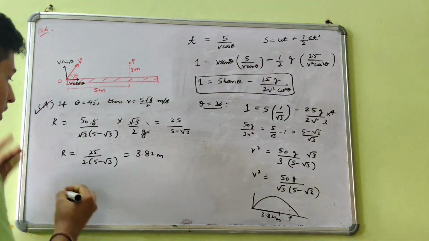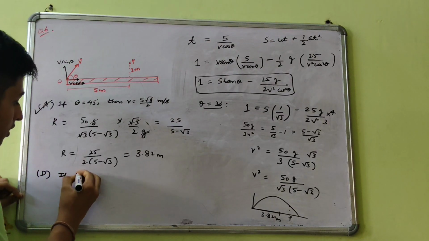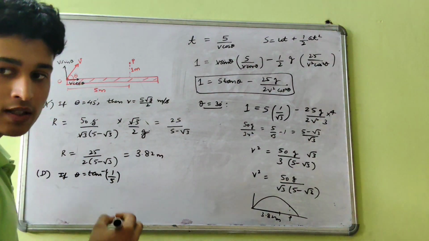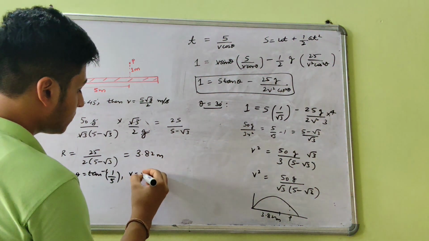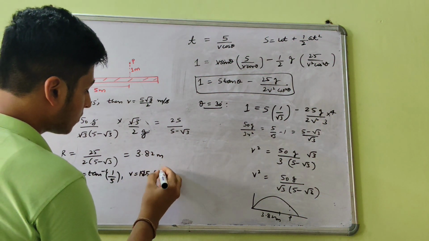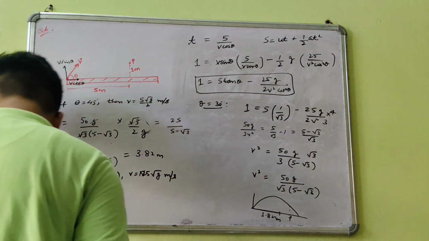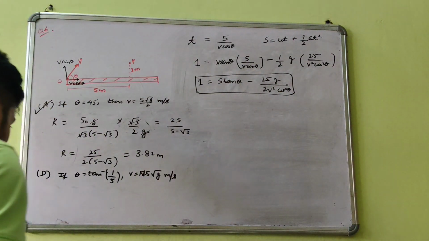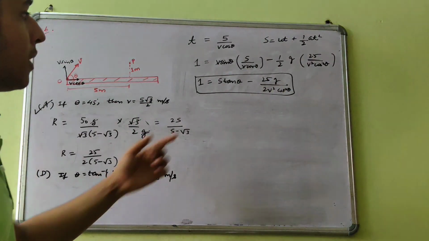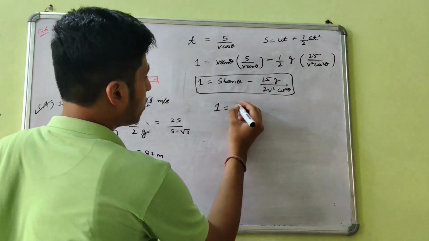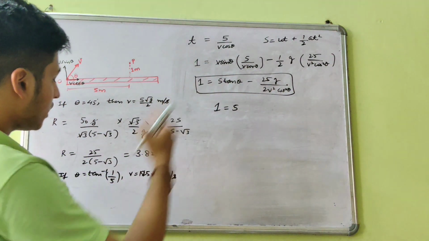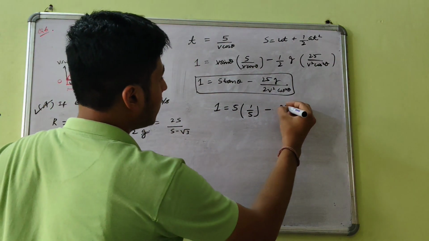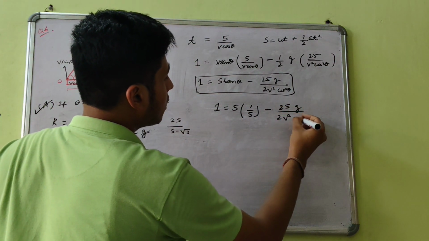Option D, if theta is tan inverse 1 by 5, then v is 125 root g meter per second. Let us put theta equals tan inverse 1 by 5 here. 1 equals 5 times tan of tan inverse 1 by 5, so 1 by 5, minus 25g by 2v square cos square theta.